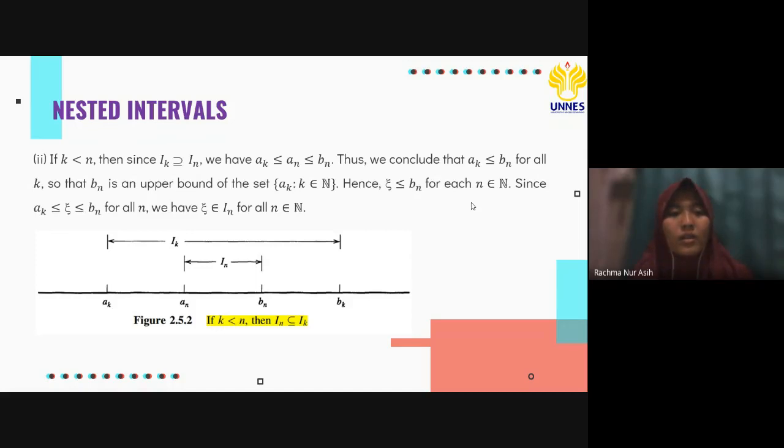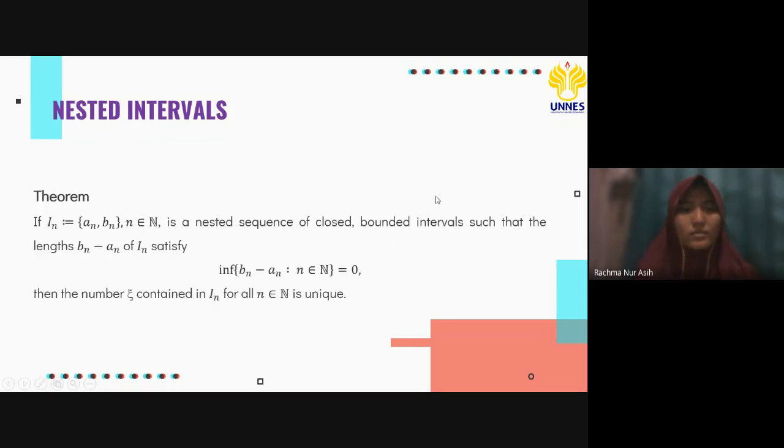This is the figure of case 2. And then we have a theorem.